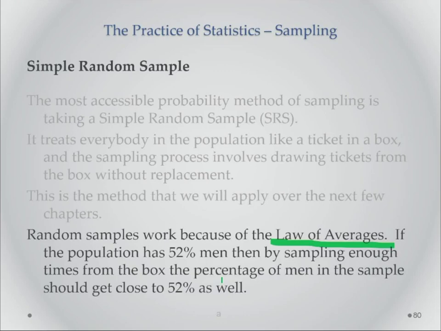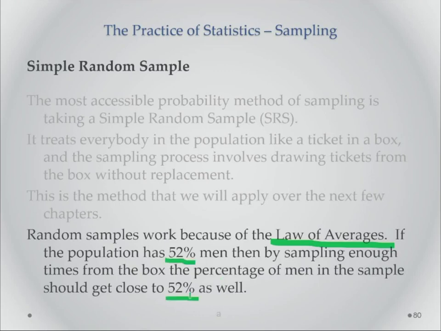So if the population has 52% men, and you take a sample from that population and look at the percentage of men, you'll get something close to 52%. Now, if you put the first sample back and take a second sample, the percentage is going to be close to 52%. You repeat it and repeat it.